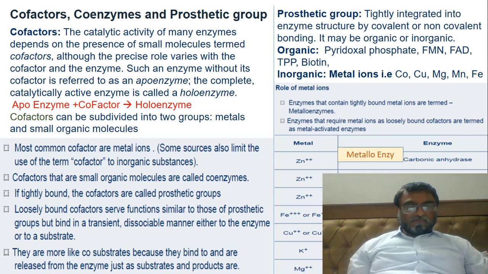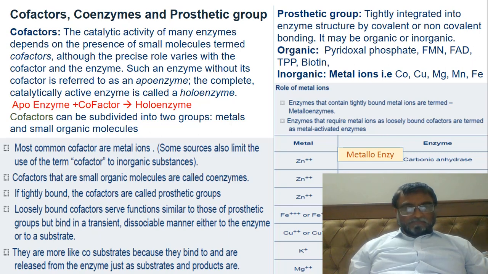So cofactor normally refers to inorganic substances in this case. Sometimes cofactors are organic molecules as well. If tightly bound, the cofactor is called a prosthetic group. If loosely bound, these cofactors function as coenzymes.